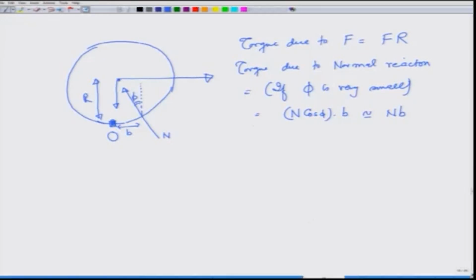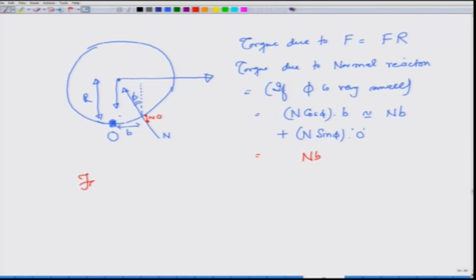and the other torque is going to be plus N sine phi, which is almost at a 0 distance from O. If B is very small, this is almost 0 distance, and therefore, this is going to be NB.